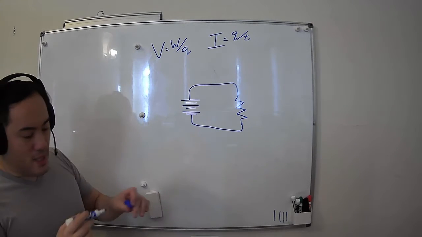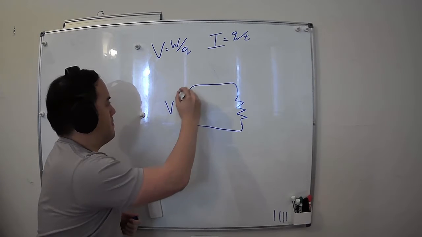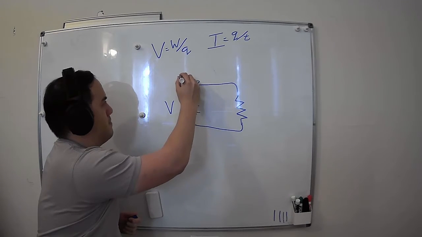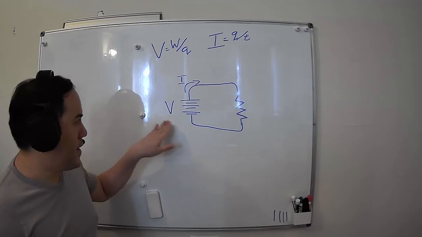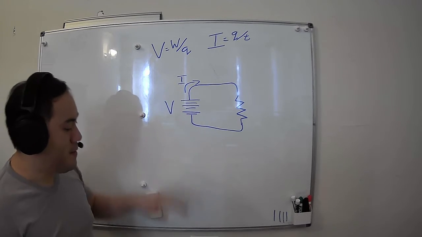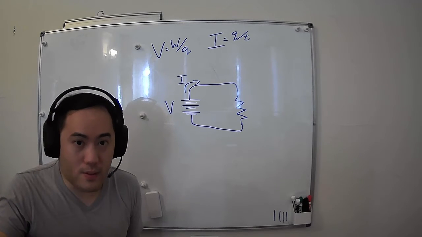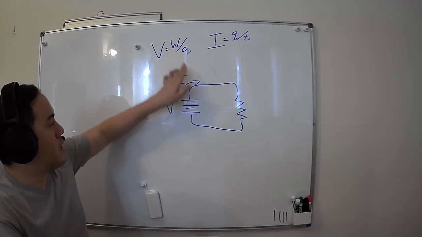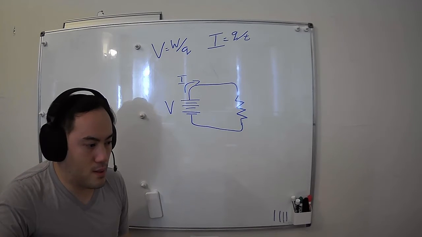So you must have a resistor. As we saw, the higher V, the higher I. Most batteries are pretty low voltage, like only 1.5 volts or 1.5 joules per coulomb. They'll make a very low current.